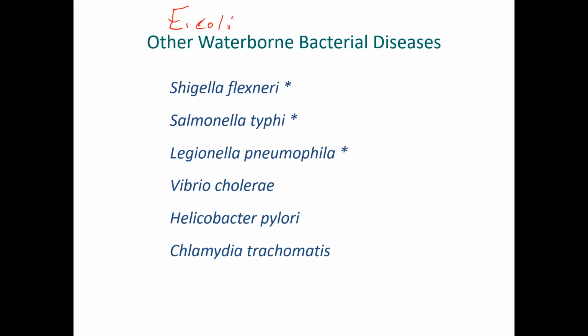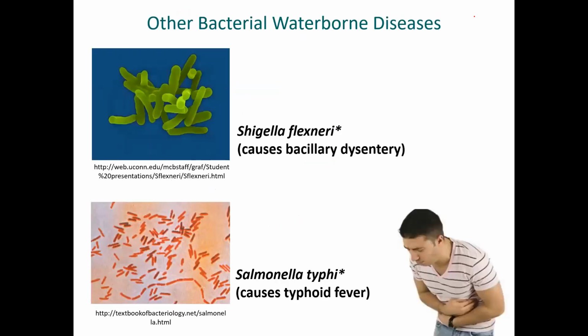It's the most common symptom. There was also E. coli 0157, the nasty one that comes from cow feces and can cause bloody diarrhea, and in some cases death.